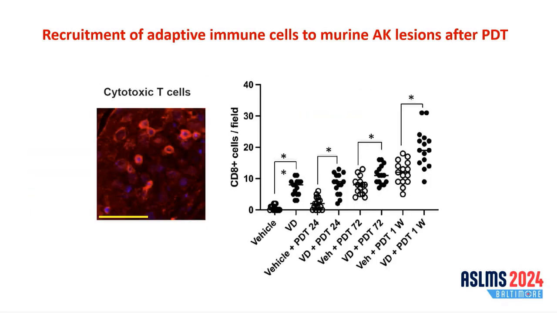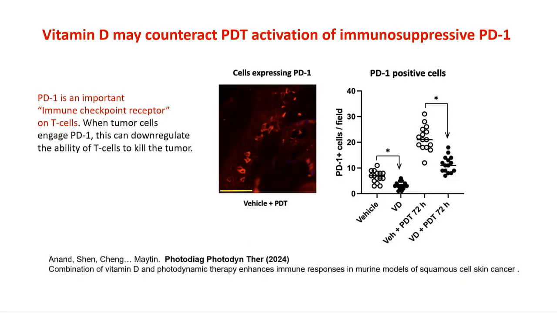And then importantly, the next step is the adaptive immune system, or T cells. I'm showing here we've stained for cytotoxic T cells. And this, over time, also is recruited, but later than the innate immune cells. So it all makes sense. They're coming in, being programmed to attack and reduce the pre-cancer actinic lesion. And again, vitamin D augments that.